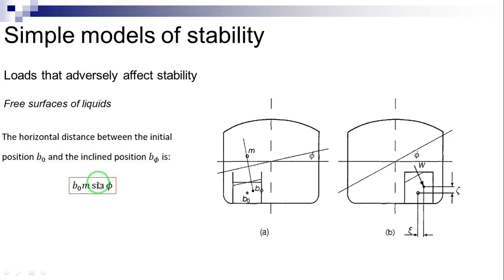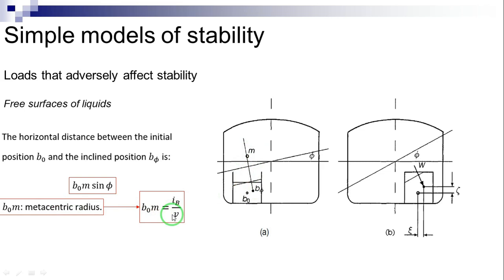Here, B0M is in fact the metacentric radius. The value of the metacentric radius is obtained as shown here. Here V is the volume of the fluid inside the tank, and I is the moment of inertia of the waterplane.